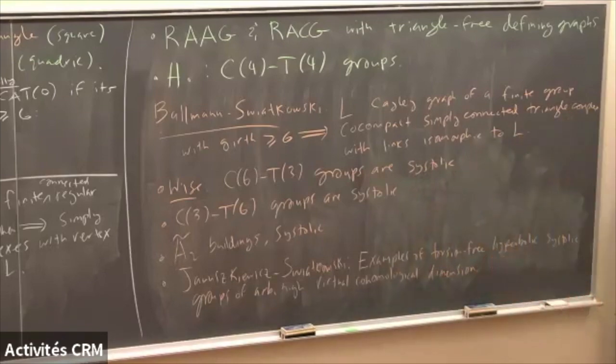So what that means is that these groups are not just things acting properly and co-compactly on two-dimensional CAT(0) complexes. So, okay, any questions until now?